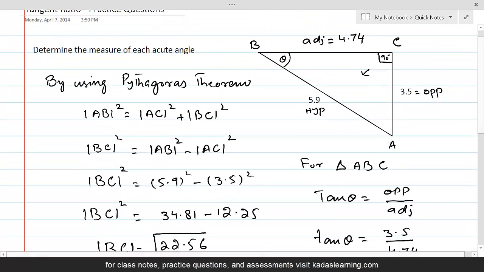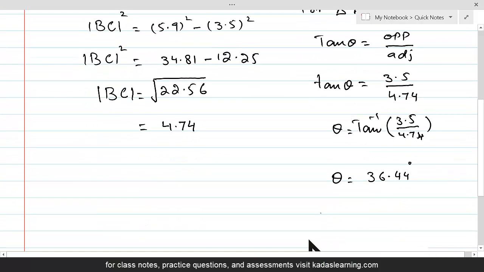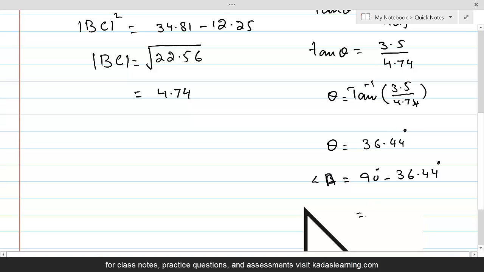Now this angle at A, being the complementary angle of theta, is equal to 90 degrees minus 36.44, and this is equal to 53.56 degrees.